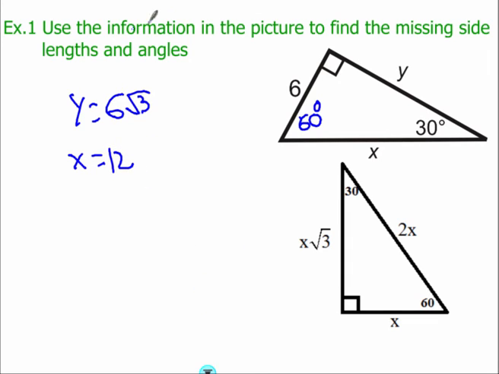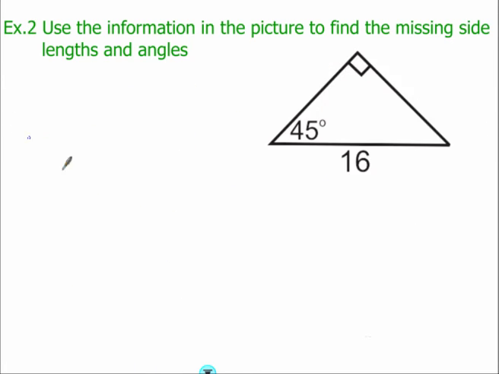And you can see how this is a shortcut so that we don't really have to use the Pythagorean theorem. In this case, we couldn't use the Pythagorean theorem because we have two missing variables. We'd have to use trig ratios, which we'll get to in a later video, and this makes it a really easy shortcut.